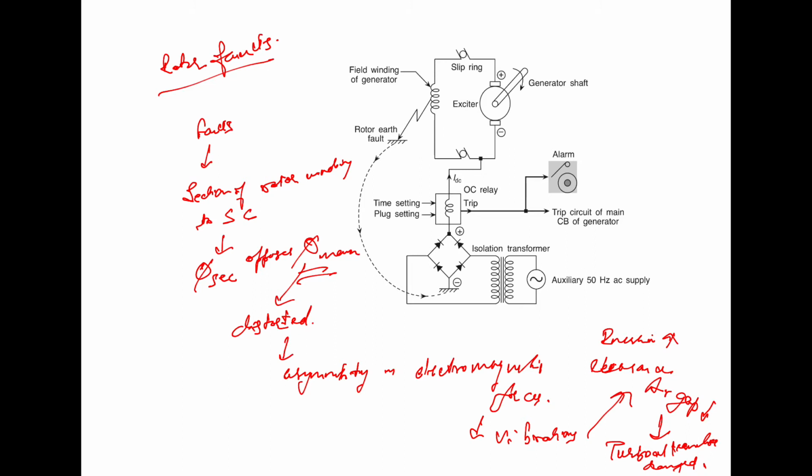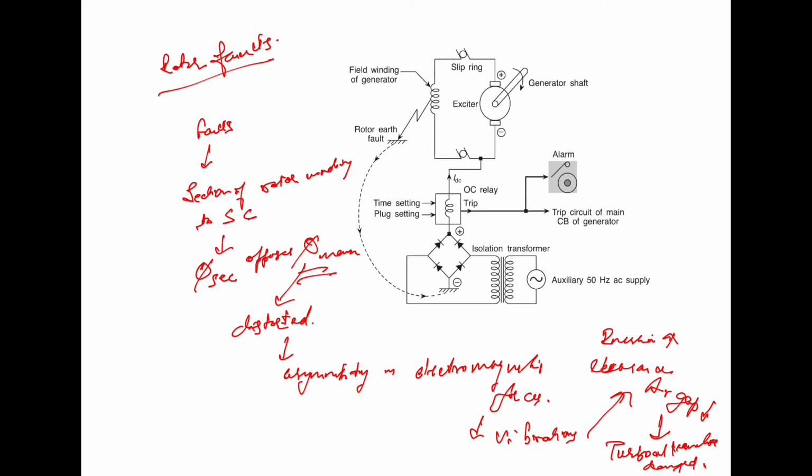You can see this is grounded, so that the very first rotor earth fault will trip the relay. Whenever the fault is there, since this part is also grounded, the current would flow through it, and as a result it will trip the overcurrent relay. So this is about the rotor faults.